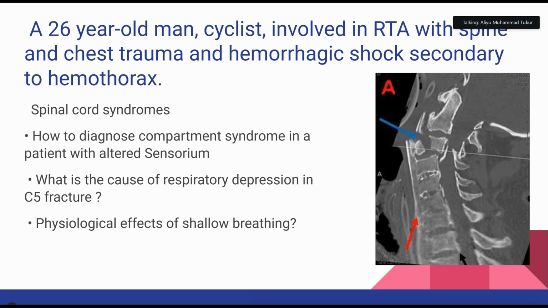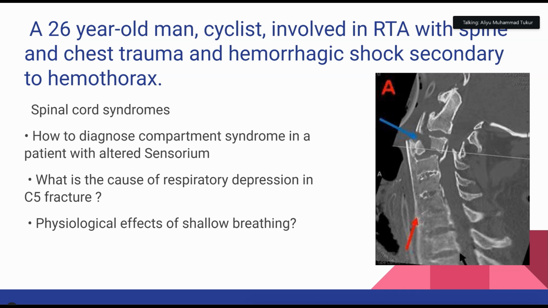Alright. The central cord syndrome usually presents with progressive weakness of the upper limbs, much more than the lower limbs. Usually it is a pathology resulting from the center of the spinal cord. It has a better prognosis and might resolve over time.